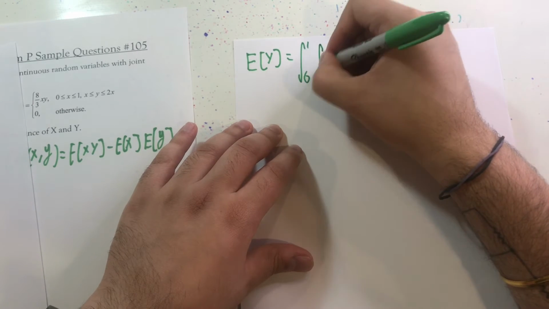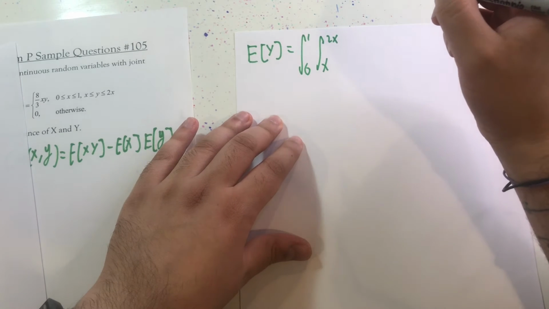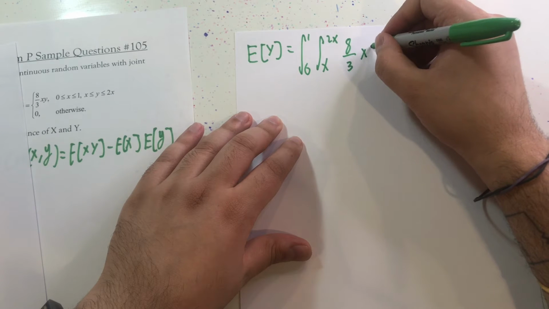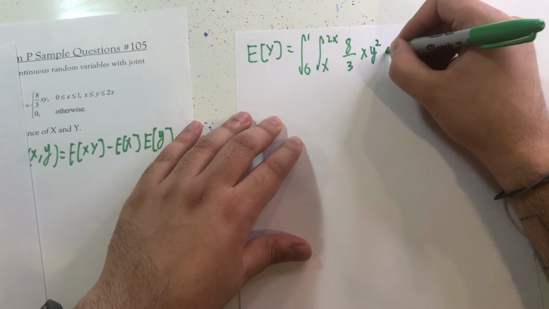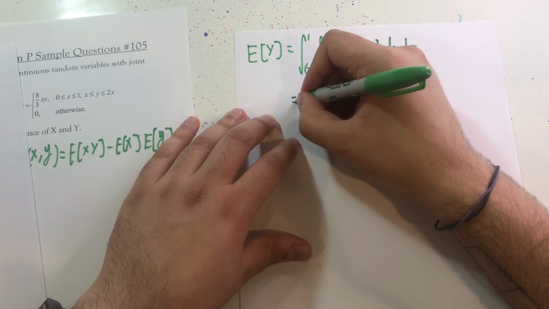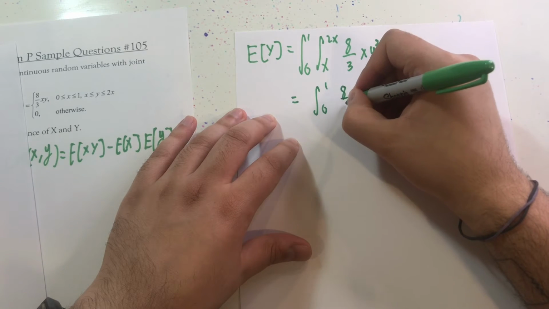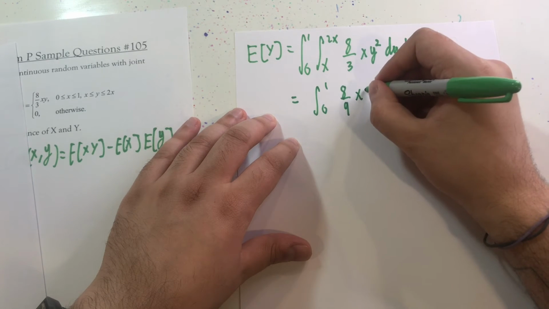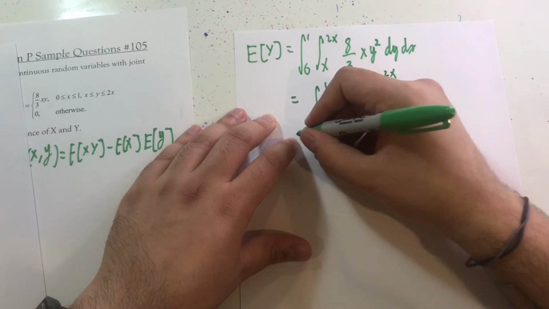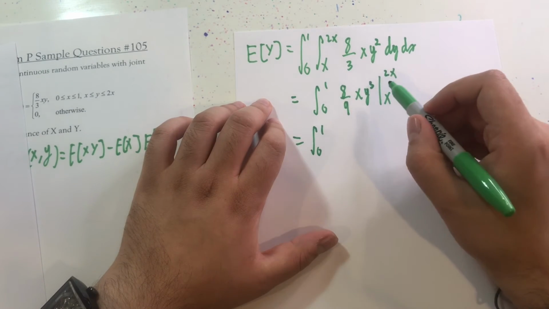Now 0 to 1, x to 2x of 8 over 3 x y squared dy dx. Okay, this becomes the integral from 0 to 1, 8 over 9 x y to the third, x to 2x. Make sure I have this right.